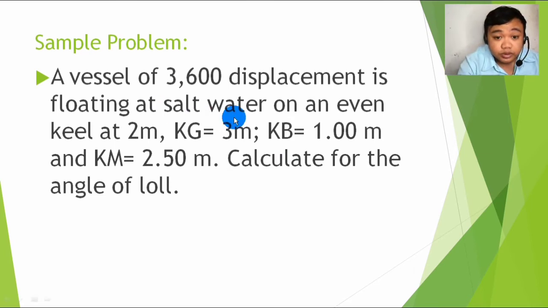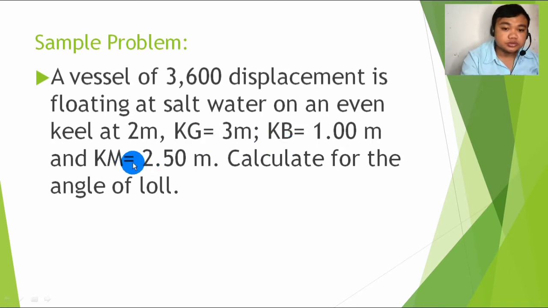So our example, as I said, we have the given displacement because we have already the draft at 2 meters. So it means that we are going to obtain the values of KG, KB, and KM from our hydrostatic table, and here it is already.